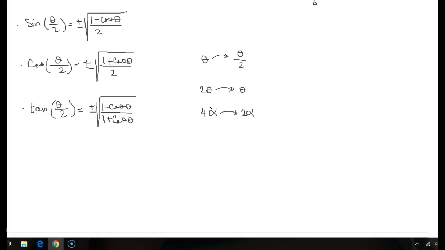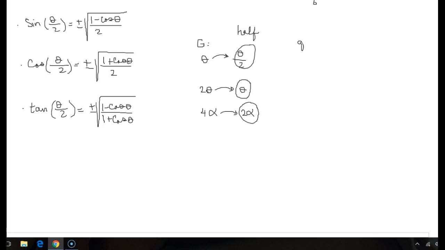The key is what's given to us is some information, and what we want is always half of that. So you see, from theta to theta over 2, that's half. From 2 theta to theta, that's half. From 4 alpha to 2 alpha, that's half. So that tells us that we have to use half angle formulas.